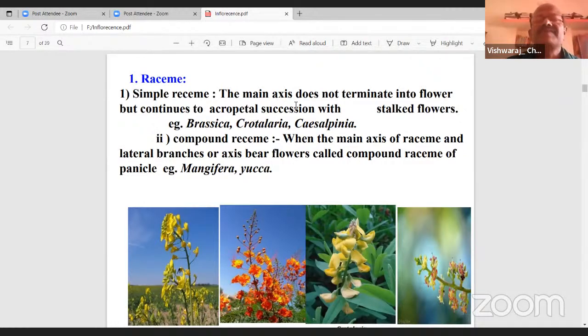The main axis does not terminate into flower, but continues in acropetal succession with stalked flowers. Example: Brassica, Crotalaria, Caesalpinia, etc.